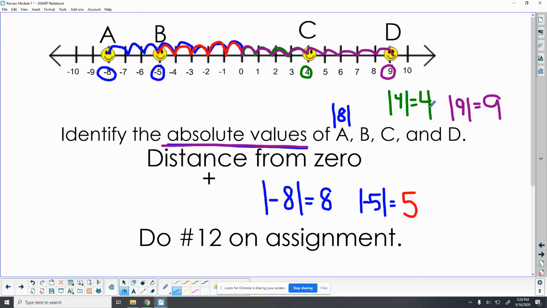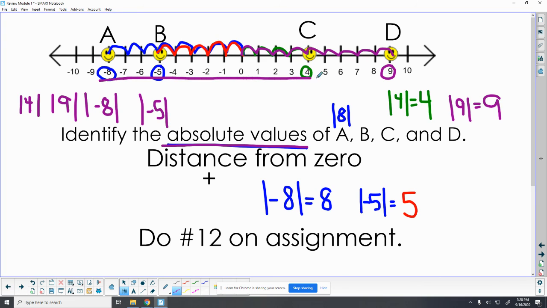So I'm going to take 4 and just list these out. And we have 9, and we have -8, and we have -5. So without the absolute values, this is your order right here: -8, -5, 4, 9. But once we add these absolute value symbols to it, it can change the order.